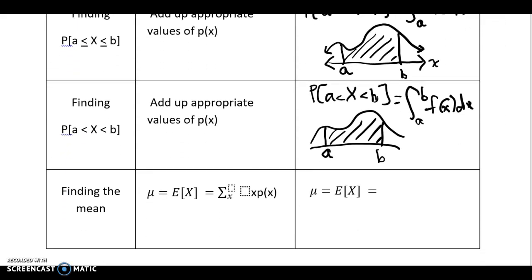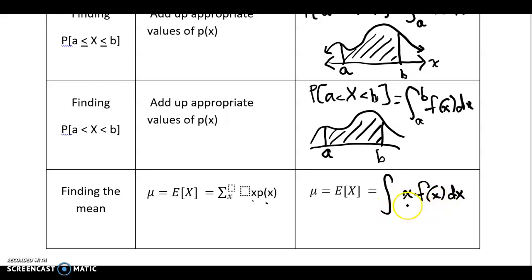All right, finding the mean, instead of adding all the values where you have x times p of x, here we're going to integrate all the x's times f of x values, dx. Same kind of thing.